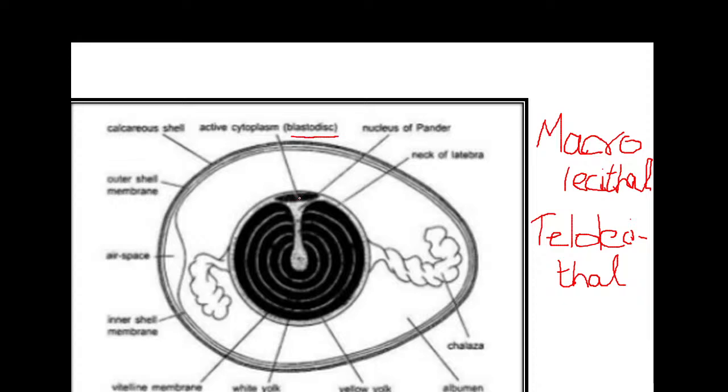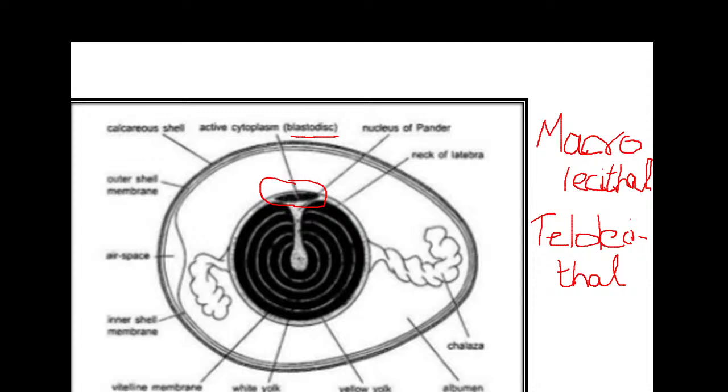The embryo development is limited only to this region. This small disc-like structure seen here is known as the blastodisc. When an egg is broken over a plate, a small disc-like structure is often seen on top of the yolk.